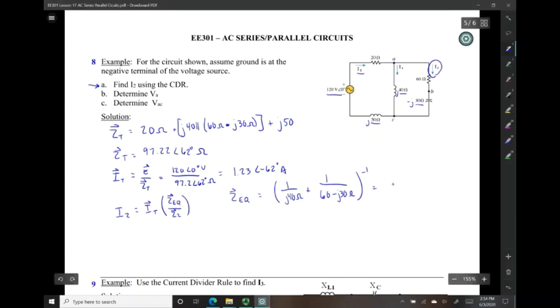And my resultant value is 44.11 ohms, angle 53.97. So plug that in.